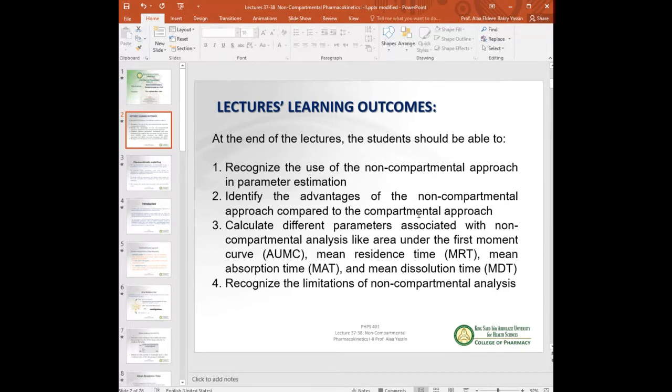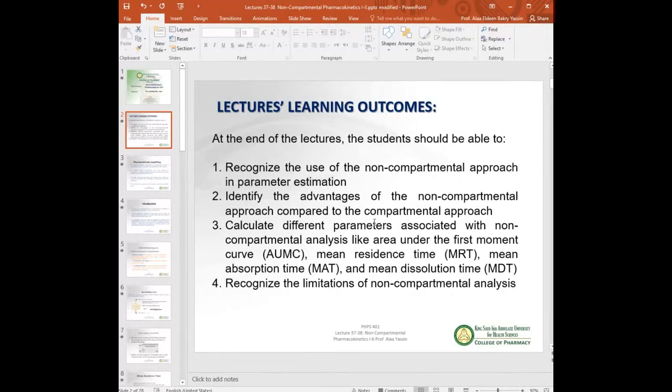Also, we will identify new pharmacokinetic parameters like mean residence time, also mean absorption time, and mean dissolution time. These can only be determined from the non-compartmental approach. The area under the moment curve will be used in calculation of these parameters.